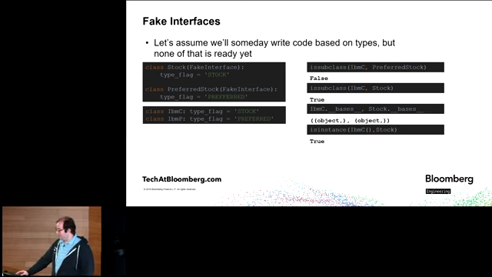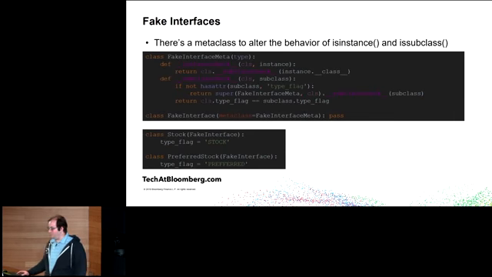Is IBM-C an instance of stock? Yeah. Okay, so I might have slipped something in behind here. And what I've slipped behind here is a metaclass. It's the fake interface meta. You can see it there. And it's defining instance check and subclass check.